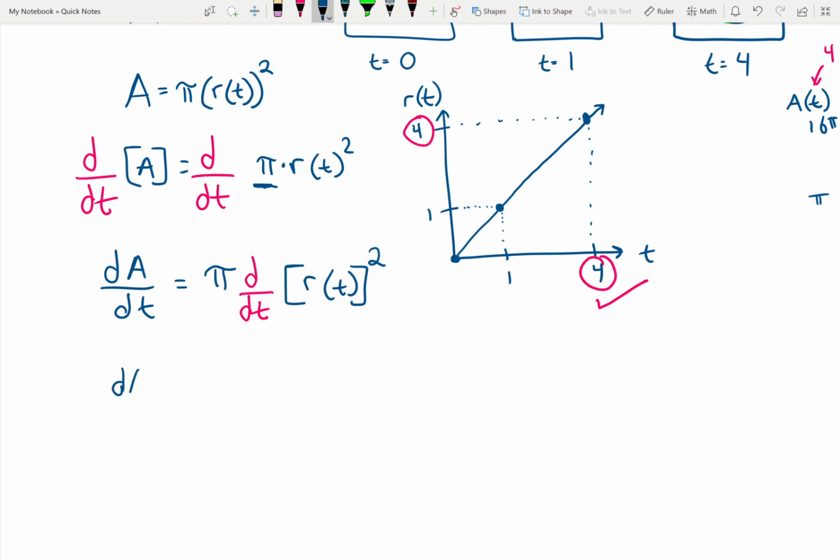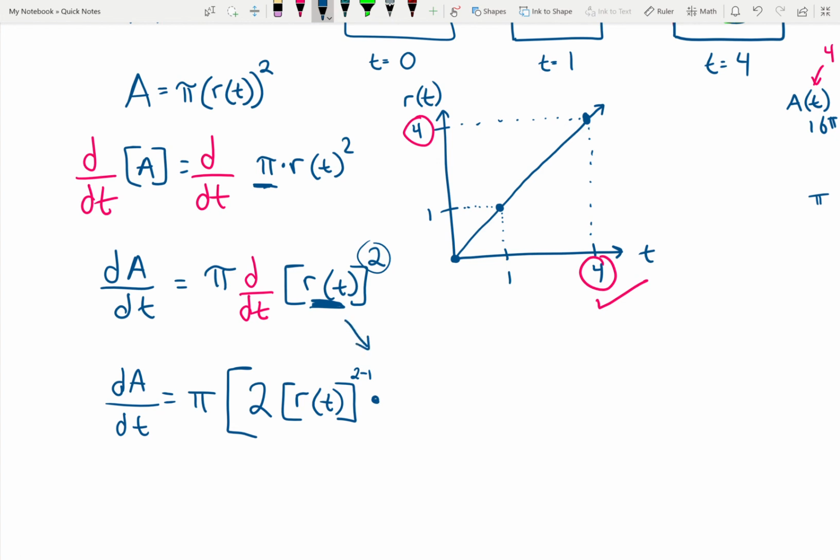dA/dt equals pi times. So I drop the exponent. I keep the inside function the same. So this guy just stays the same. And I take 1 away from the exponent. Then I multiply this whole thing by the derivative of the inside.